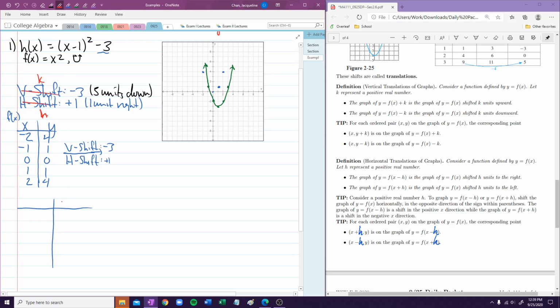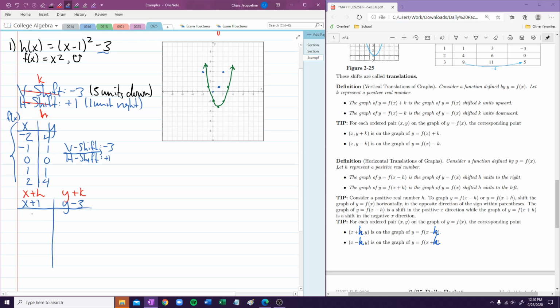So what I want to do is Y plus K, and X plus H. Our H is the horizontal shift, so we want to do X plus 1. For the Y, K is negative 3, so we have Y minus 3. I'm going to take these parent functions, which represent my X and Y, and for all my X's, I'm going to add 1, and for all my Y's, I'm going to subtract 3.